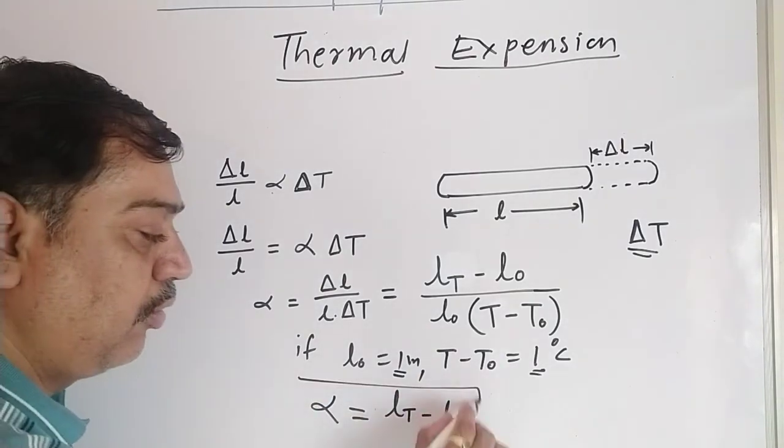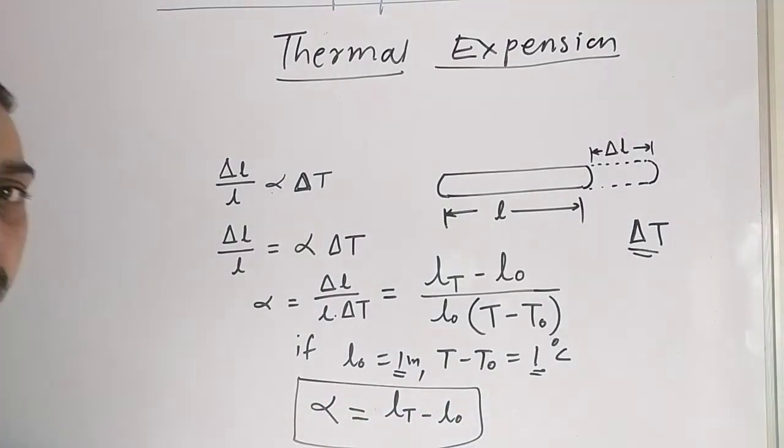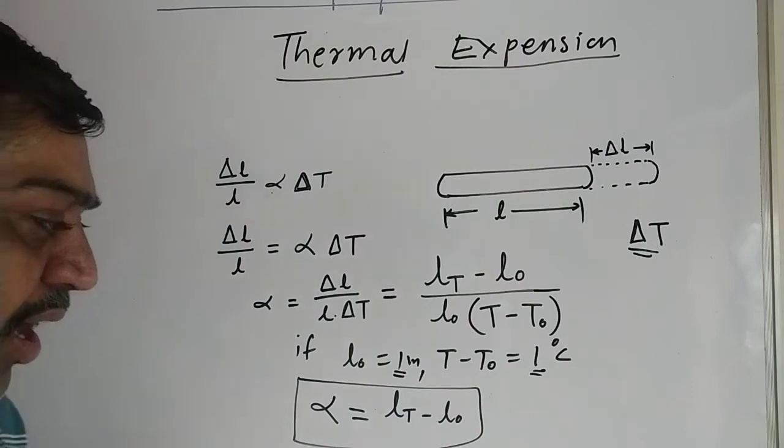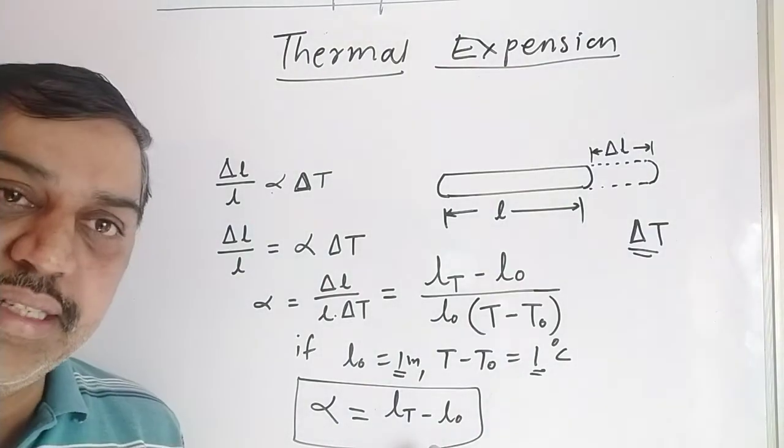So this is the approximate value of the coefficient of linear expansion: alpha equal to LT minus L0.